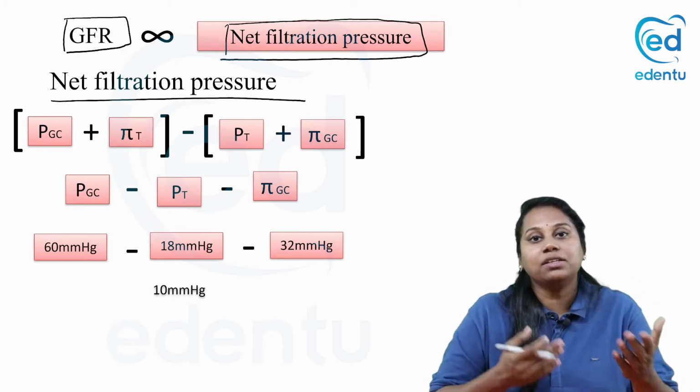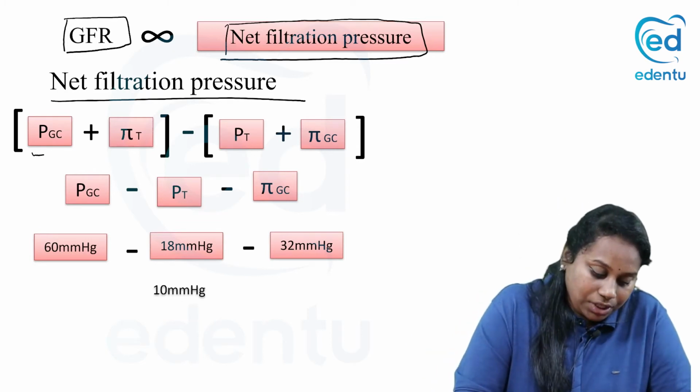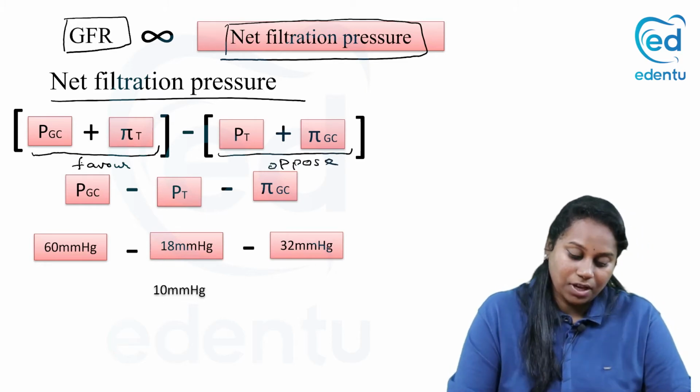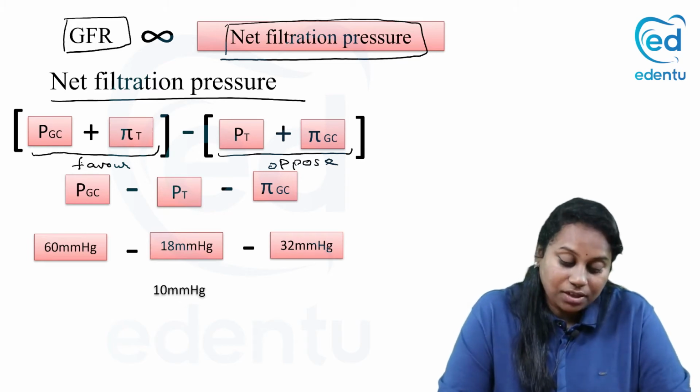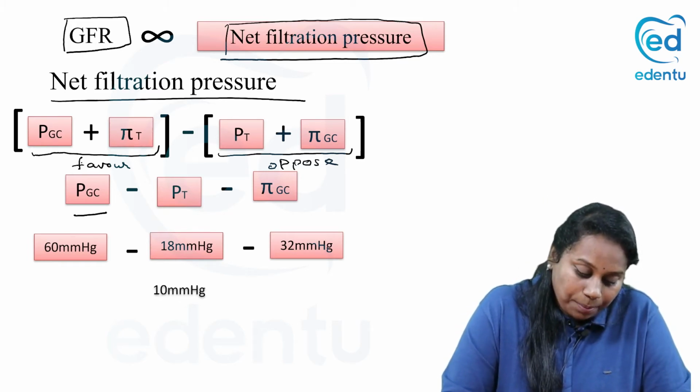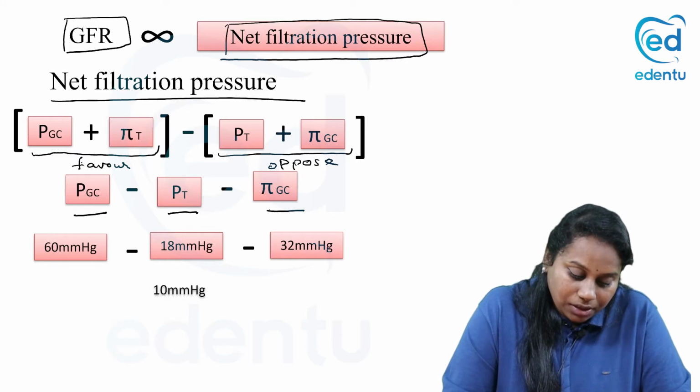Favoring force minus opposing force. So these two are favoring forces and these two are opposing forces. So if you subtract both, you will get net filtration pressure. So let's do that. PGC minus PT minus pi GC.